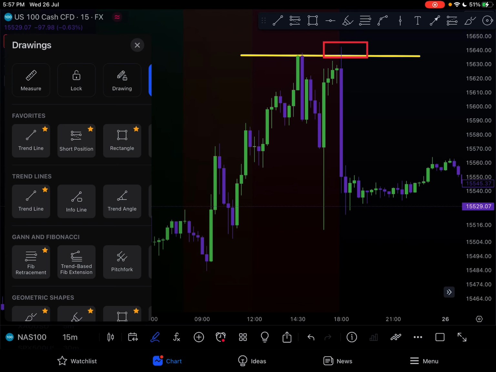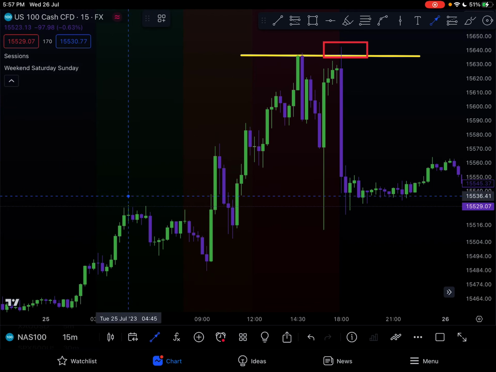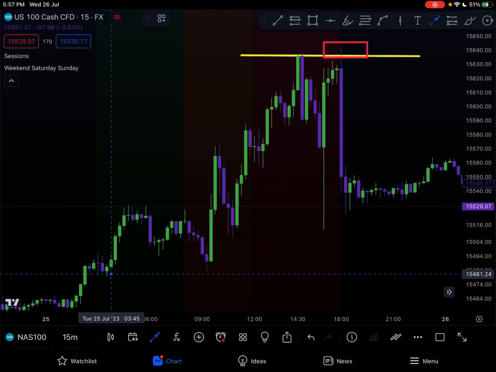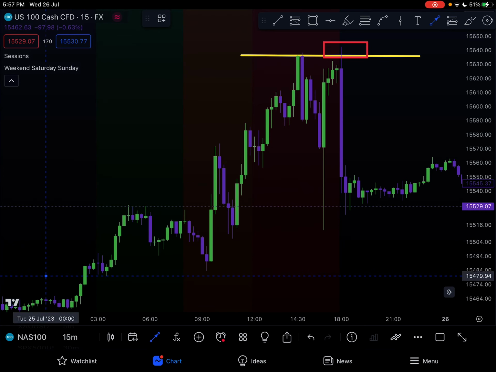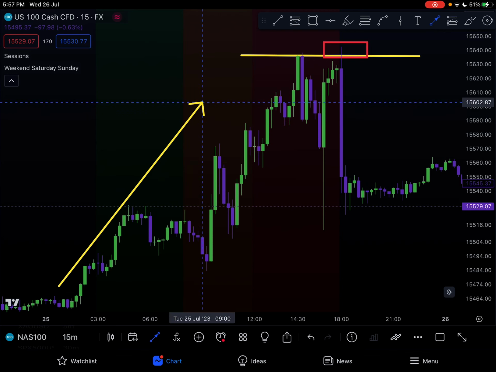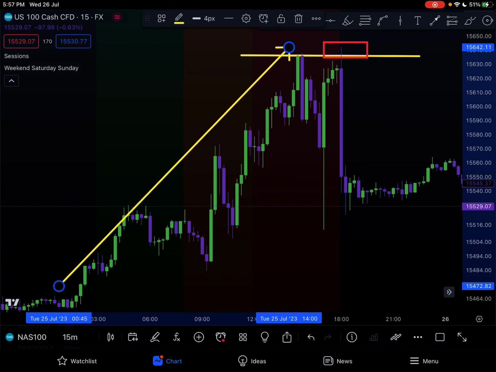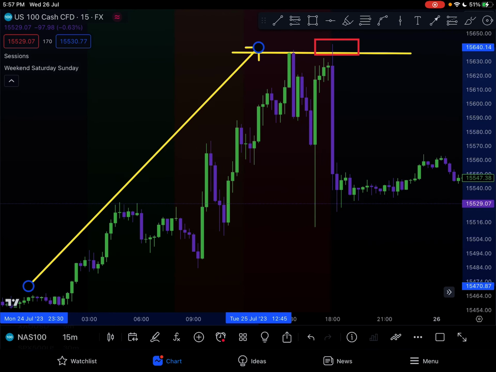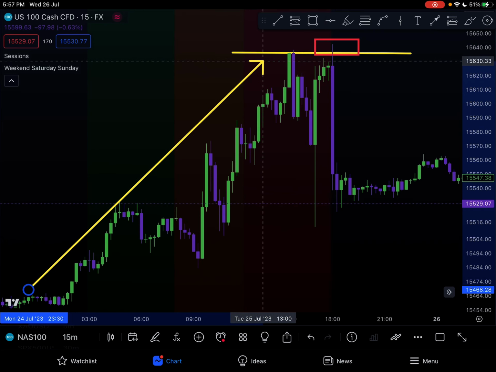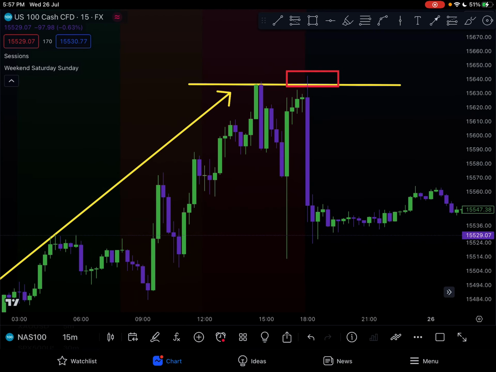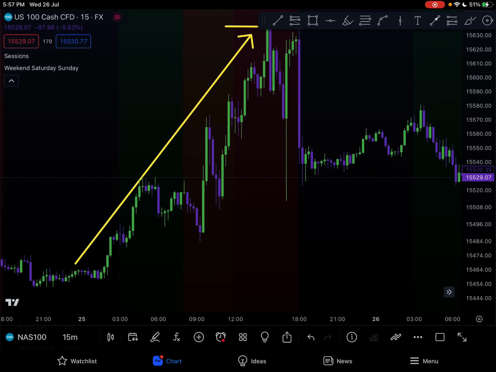When price jammed up. Oh, I was looking for the arrow. Whoopsie. London session, am I right? When price jams up, I'm going to do it in the form of a trend line. I don't really draw these a lot, but I'll do it like that. Price jams up, and we see this whole day.